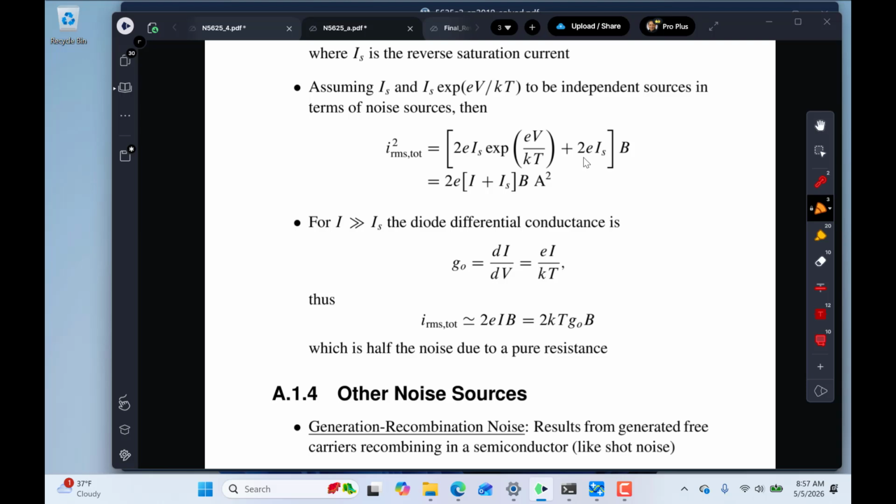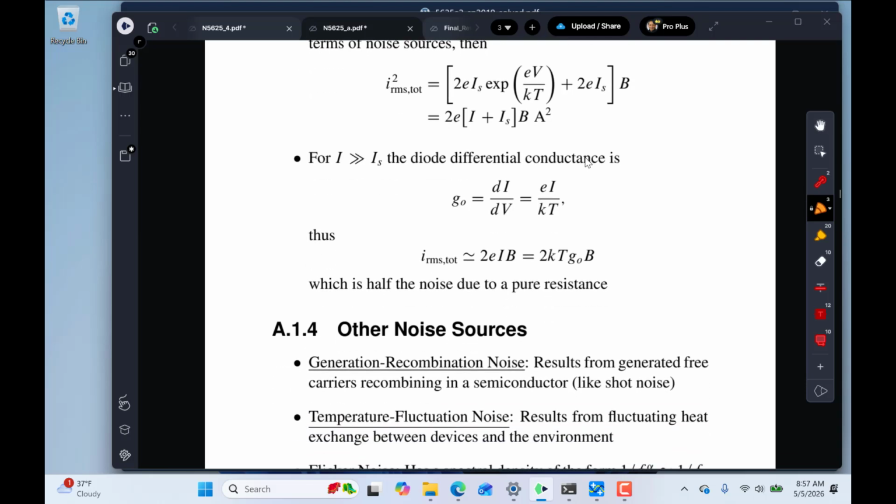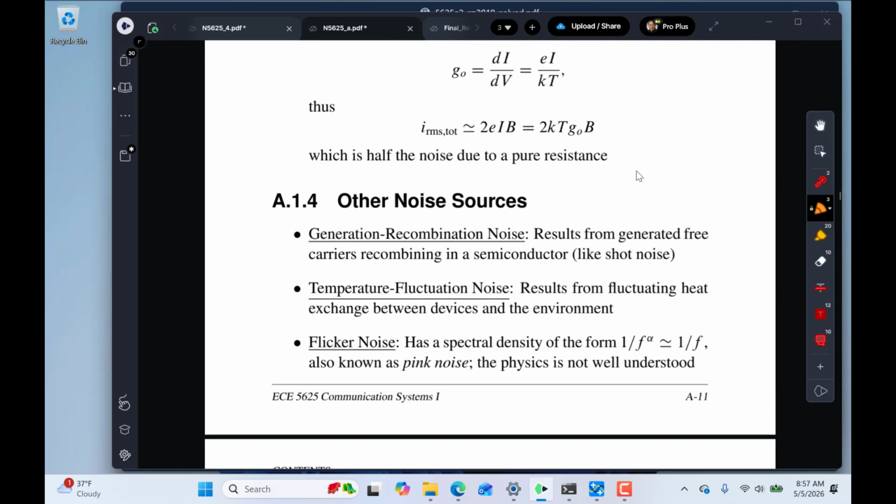I worked with optical communication, so I had laser diodes, and then PIN diodes were used, or not PIN diodes, but what type? I'm trying to remember what type of diode I used for the photodetector. So I was dealing with shot noise at that point. So these are just some of the other things that can contribute noise to receiver electronics.